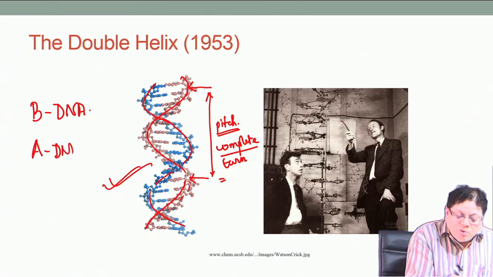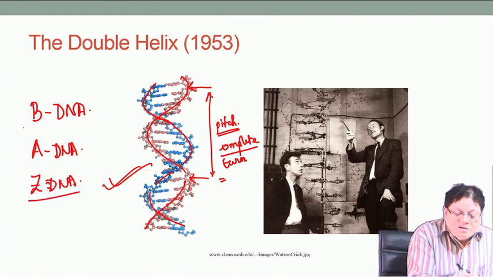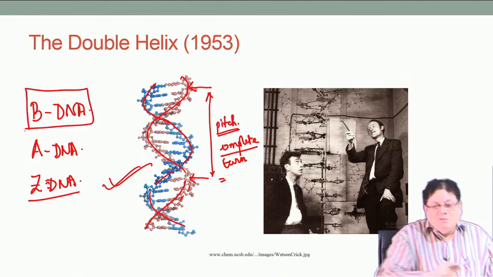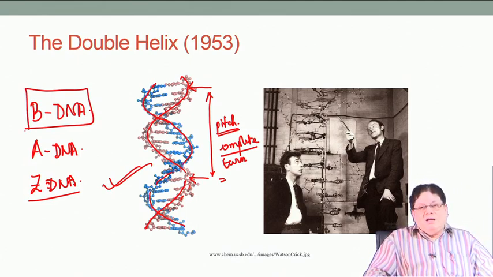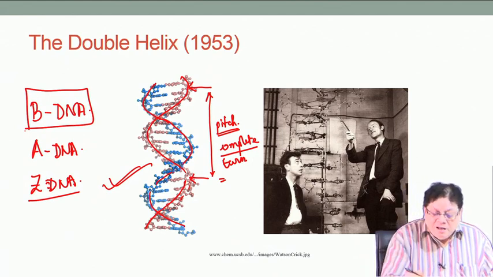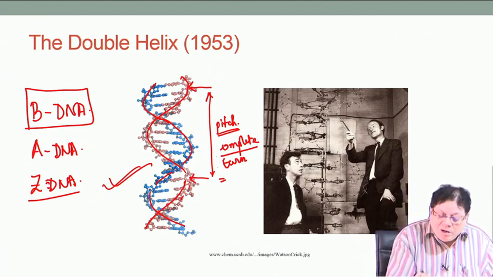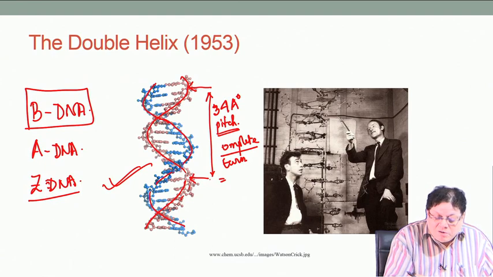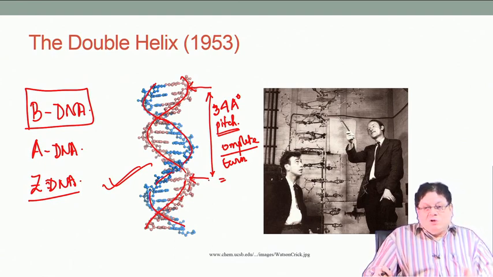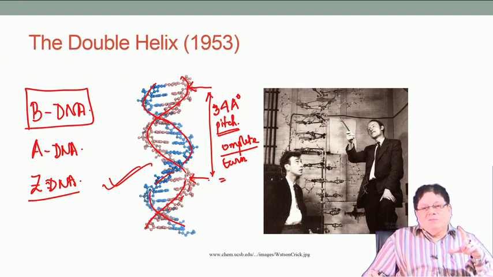We can come to those, but the DNA that Watson and Crick used was B-DNA, and that is the most common DNA encountered. So, we will first concentrate on B-DNA. In B-DNA, one complete turn, or the pitch, is 34 angstrom. That means when you go from here to there, you cross 34 angstrom in length.